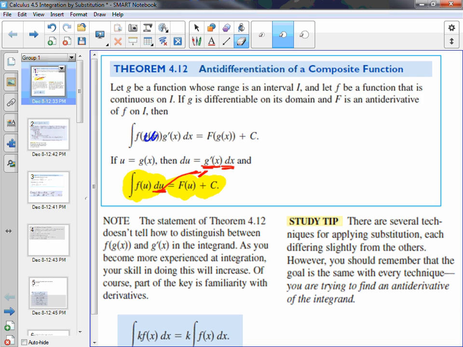All of this still should be fairly confusing. The point is, 2 points. One, there's a theorem that lets us take the antiderivative of a composite function. 2, it's complicated to make it work. Okay?